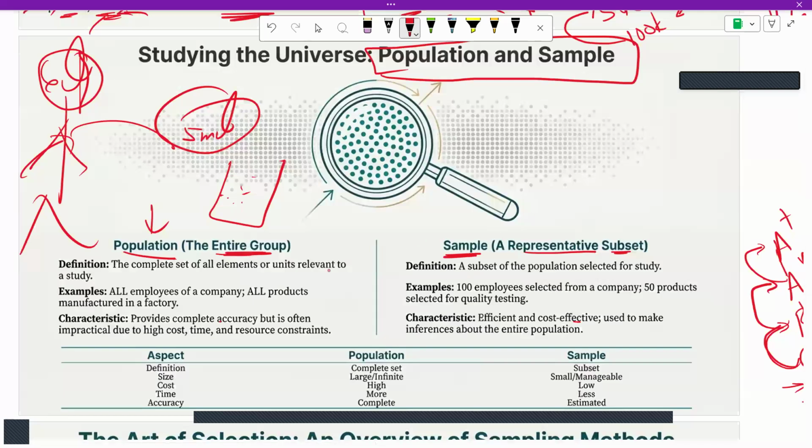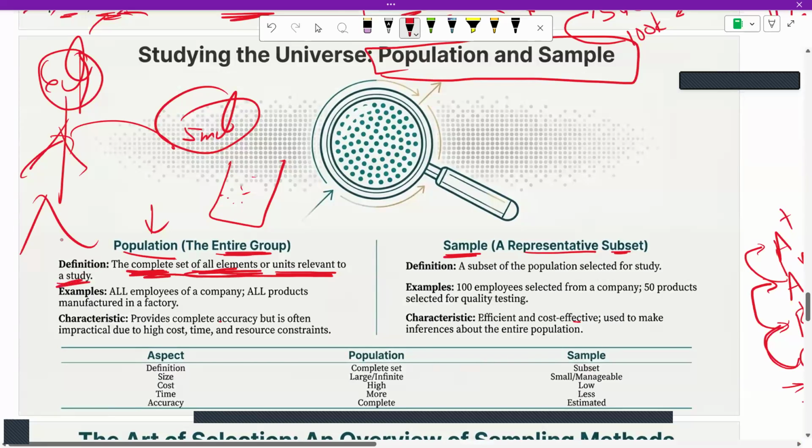By definition, the population is the complete set of all elements or units relevant to a study. It means a full set, all observations without missing any case.